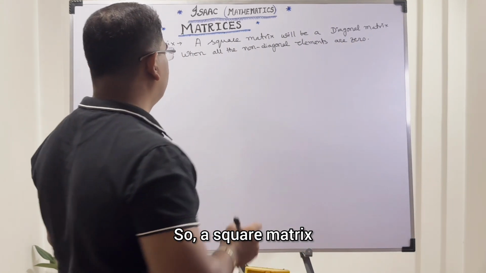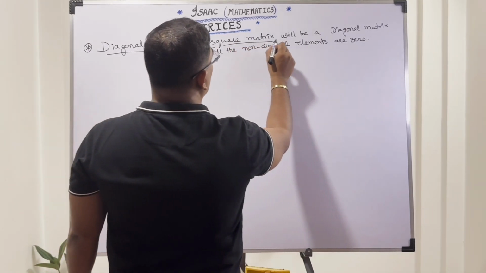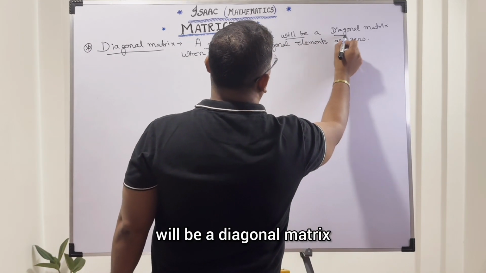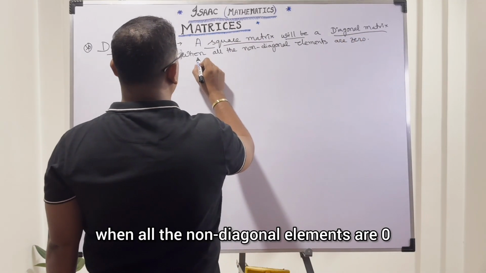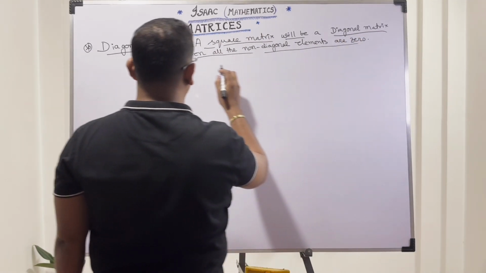Okay, so a square matrix will be a diagonal matrix when all the non-diagonal elements are 0.